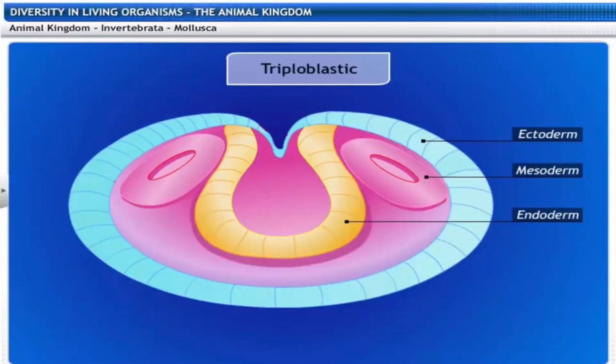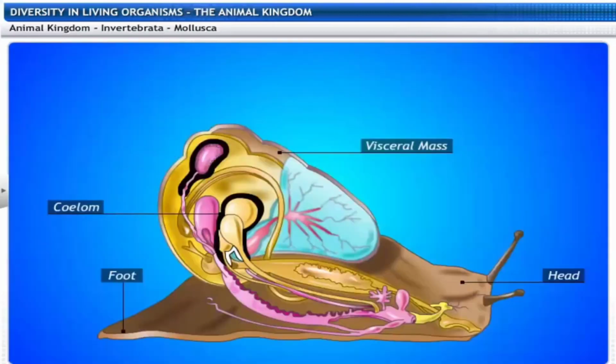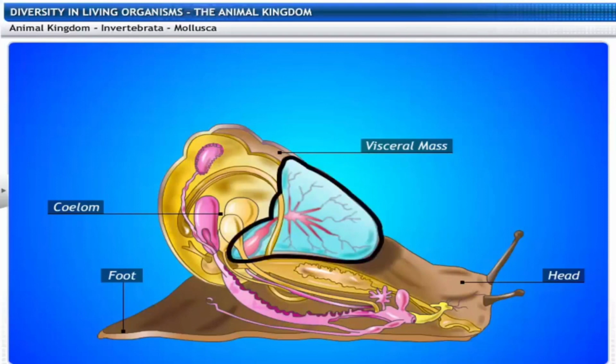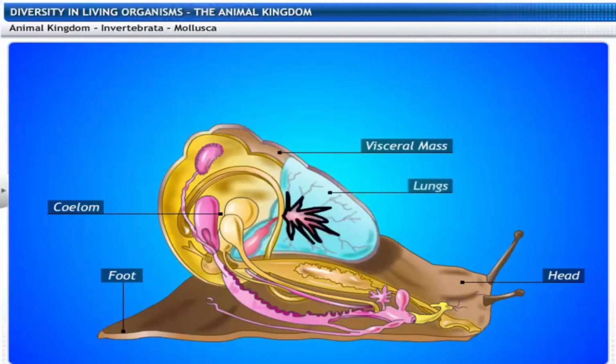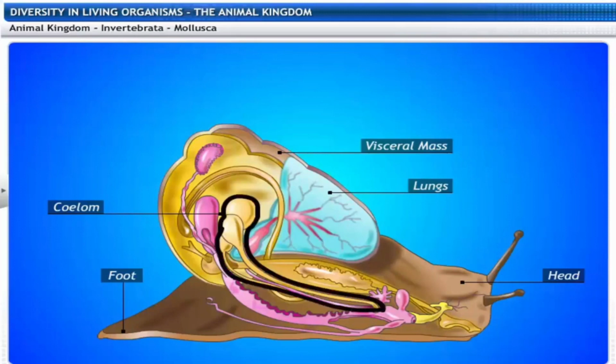Mollusks are triploblastic animals with a reduced coelomic cavity. Water mollusks breathe through gills, while land mollusks have lungs, and their circulatory systems are open. Excretion in the Mollusca phylum is carried out by kidney-like organs.